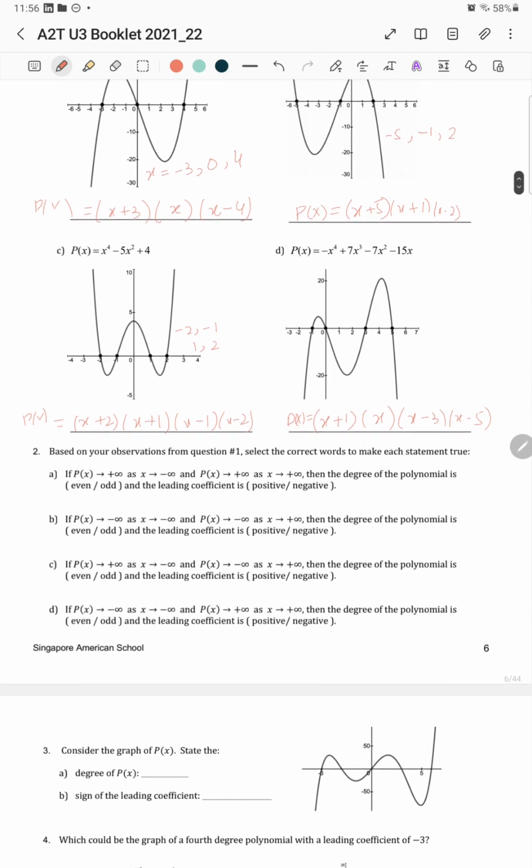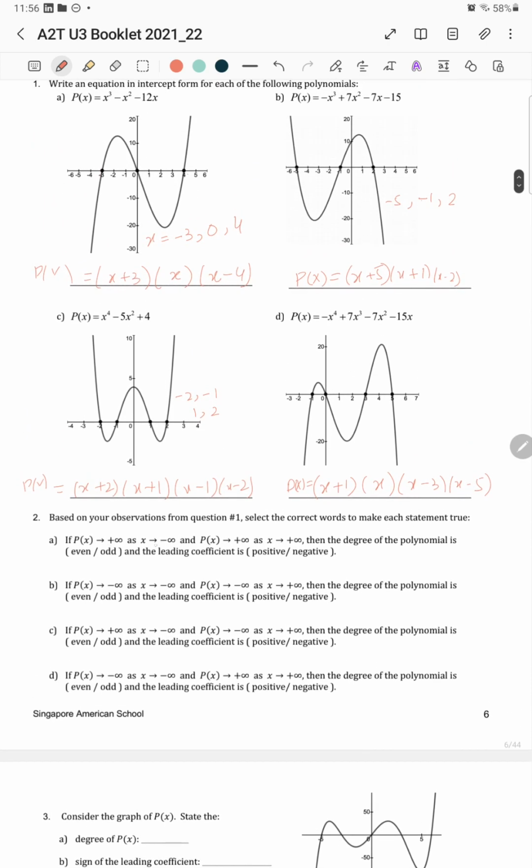If p of x is approaching positive infinity and x is approaching negative infinity, and p of x is approaching positive infinity and x positive infinity, then the degree of the polynomial is... This one, p of x towards positive infinity, x towards positive infinity, x negative and p of x positive. So we are talking about option C.